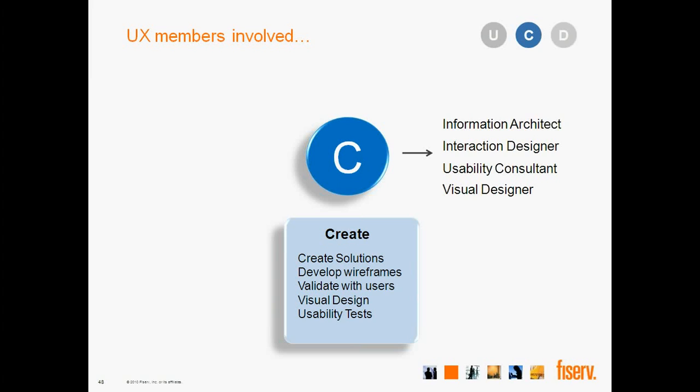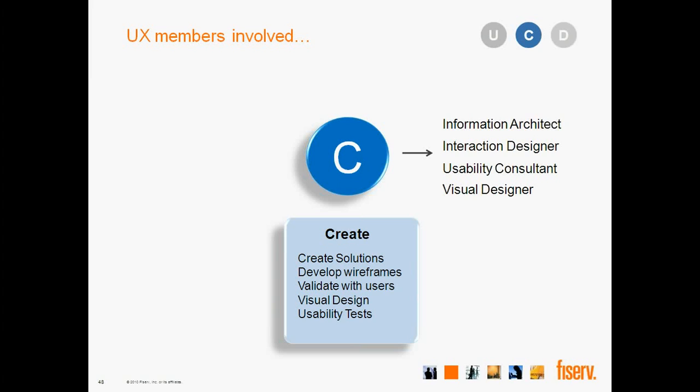They do many things together, so they are multi-skilled people. But for the sake of simplicity and understanding of this domain, we are trying to categorize this into 4 different roles: information architect, interaction designer, usability consultant, and visual designer.